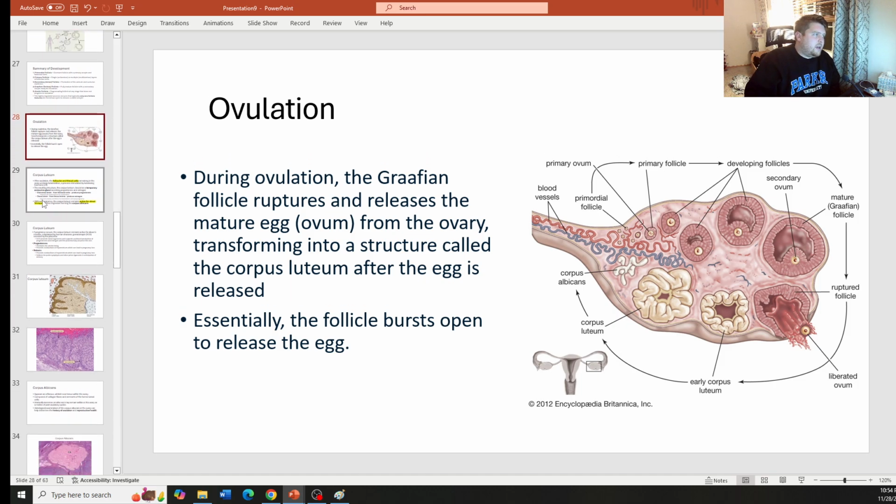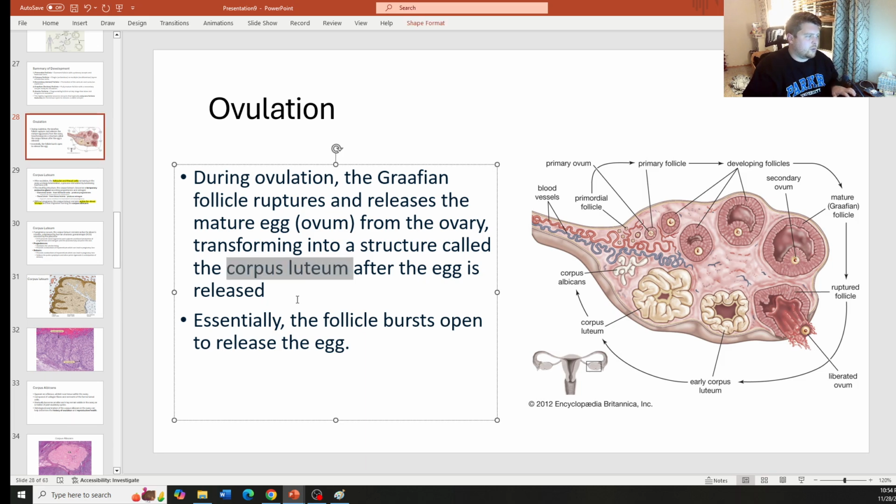The next step, ovulation. So during ovulation, that Graafian follicle, that tertiary follicle, is actually going to rupture and release the mature egg from the ovary, and everything that's left behind transforms into a structure called the corpus luteum.